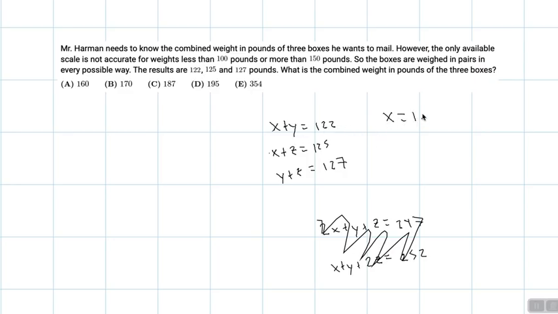X equals 122 minus y. Yeah, so plug that in here.